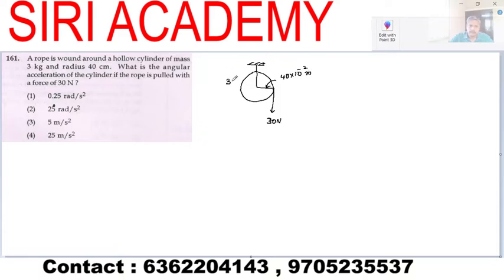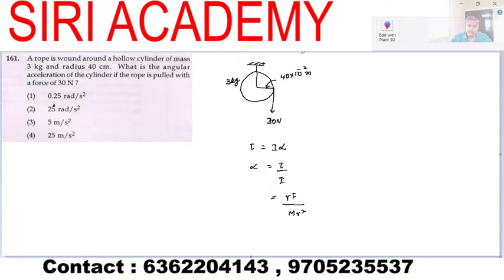Mass is 3 kg. We know that tau is equal to I alpha. So alpha is equal to tau by I. Tau is given by radius r into force F, and I is given by m r square.